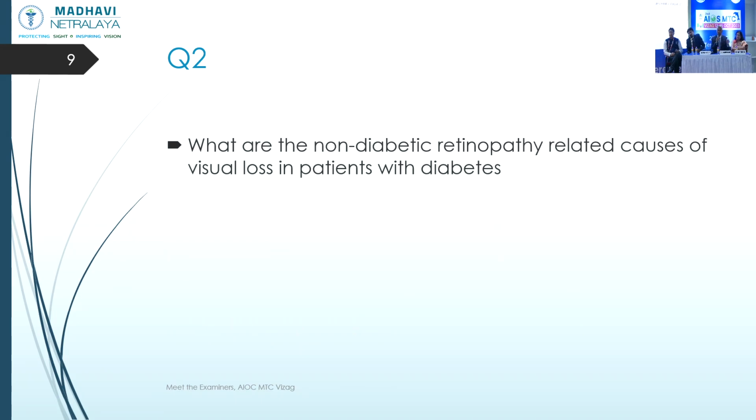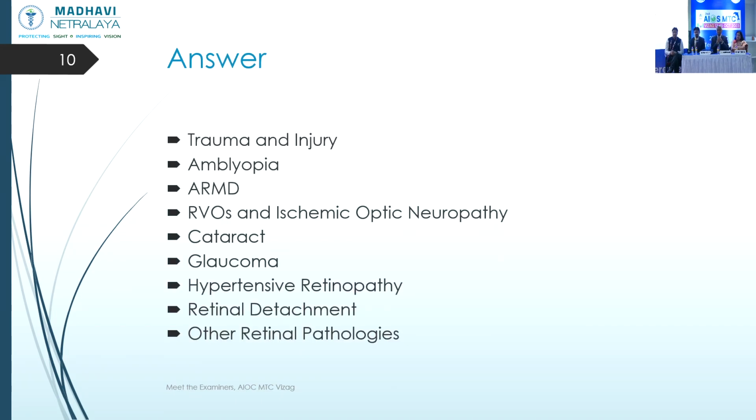Okay, go ahead. Amblyopia, ARMD, ischemic optic neuropathy, cataract, glaucoma, hypertensive retinopathy, retinal detachment, and then other retinal pathologies. Yes, you have written other retinal pathologies, but here you can write ROP. Yes, in the ROP also you can get this.